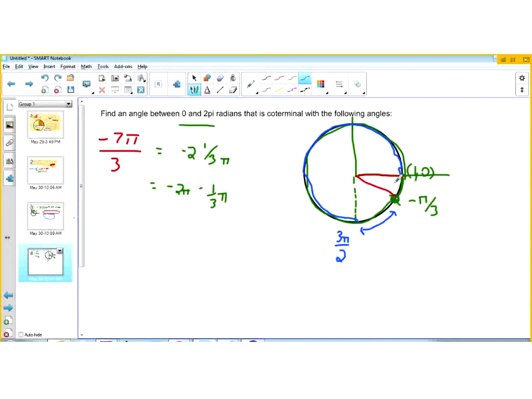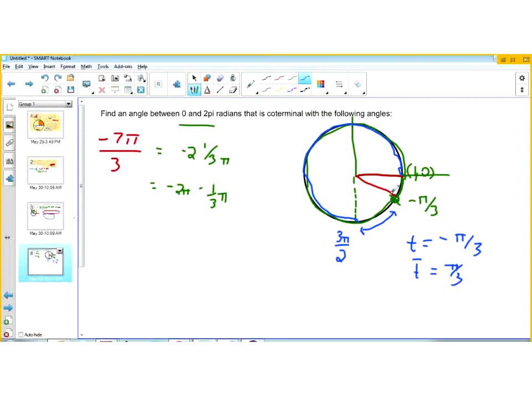But there's an easier way. We know that if the terminal number is negative pi over 3, then the reference number for t is pi over 3.